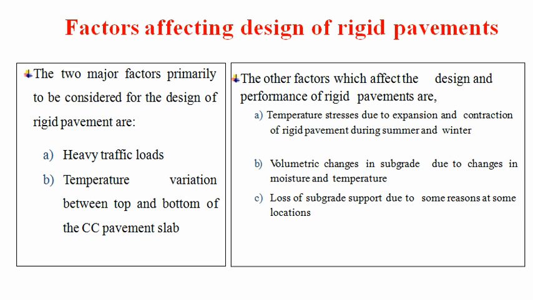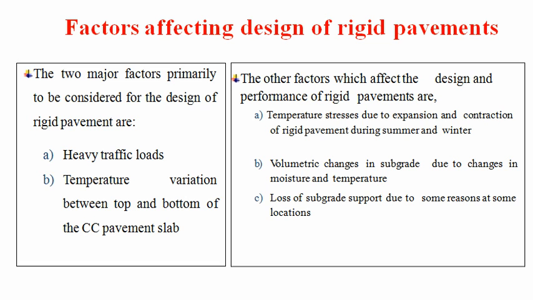The two major factors which are primarily to be considered for the design of a rigid pavement are, firstly, the heavy traffic load, and secondly, the temperature variation between the top and the bottom of the cement concrete slabs.